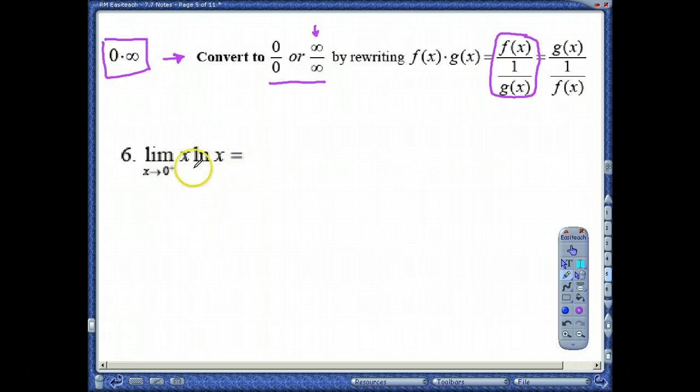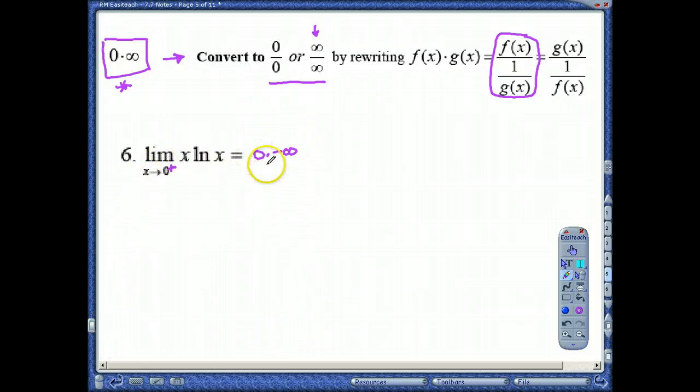So the first thing we have to do is show that we have one of these forms converted into the preferred form. We are approaching 0 from the right side. Well, if I put 0 in there, that's going to give me 0. If I approach the natural log of x from the right side of 0, that's going to give me negative infinity, because we're going down, down, down.